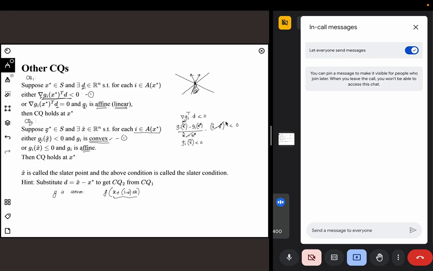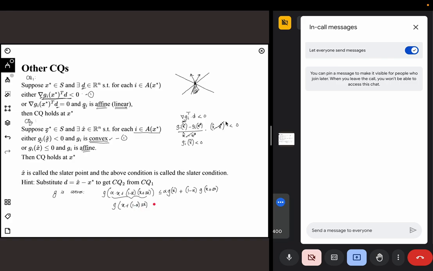This can be written as g of alpha times x plus 1 minus alpha times x plus delta x will be less than or equal to... This is something you already know from the convexity definition, and we can rearrange this as the alpha x and alpha x get cancelled, so this will be x plus 1 minus alpha times delta x.